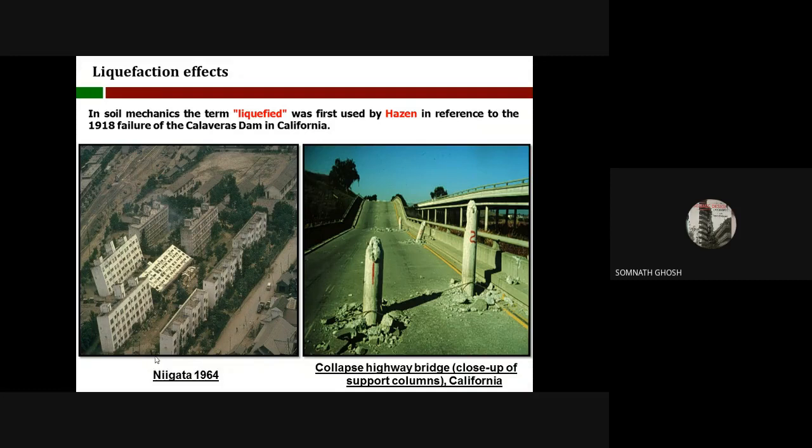I mean, it will be affected to a great extent, and slowly, the effect will reduce.